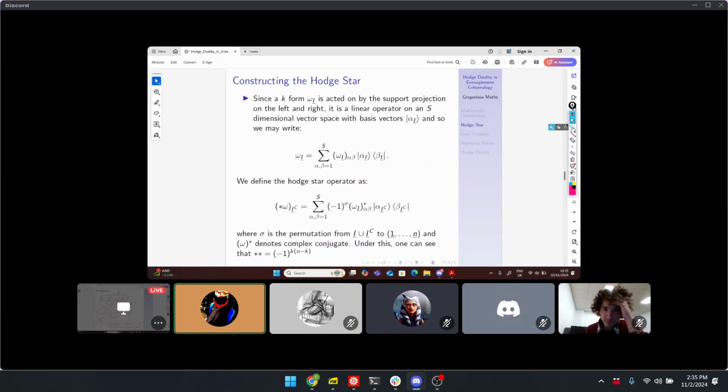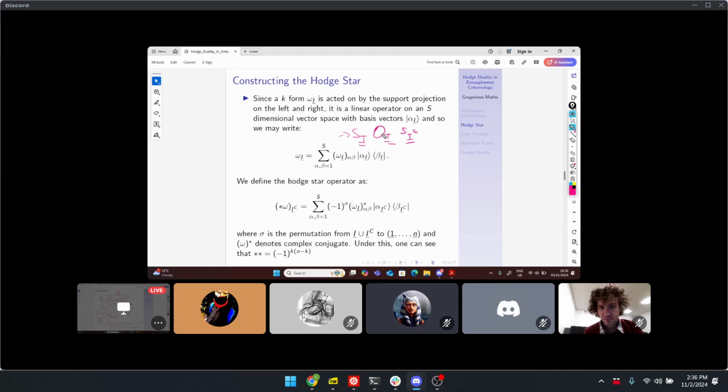Because a k-form is acted on by the support projections on the left and the right. Remember that a k-form is just something of the form Si times O times Si, so it's acted on on the left and the right.